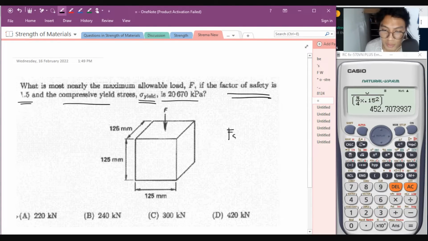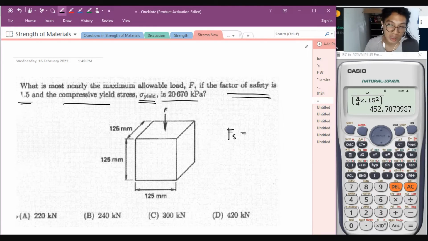Sir, ano po ba yung factor of safety? The factor of safety is the one that, ibig sabihin yan yung ratio ng yield mo to the allowable stress mo. It is the service factor kung ilang beses mo siyang pwedeng abusuhin, okay?